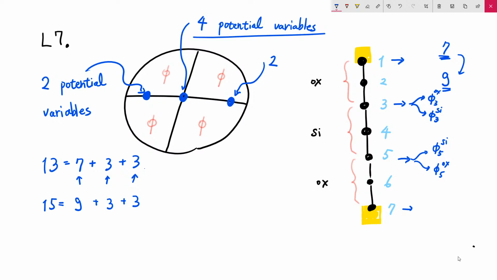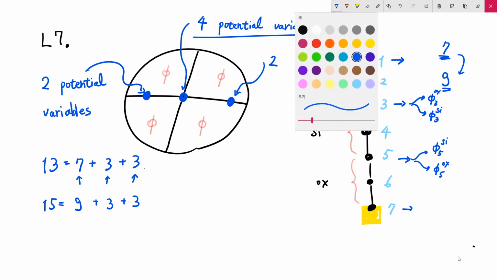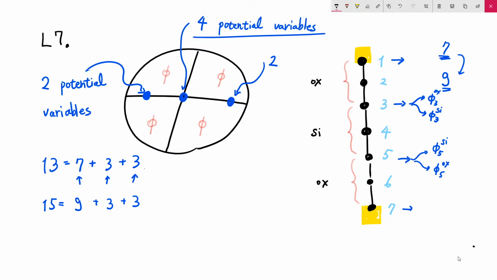Yeah. So then let me just give you a quick question. Still think about a double gate structure, and now we have introduced such kind of thing.